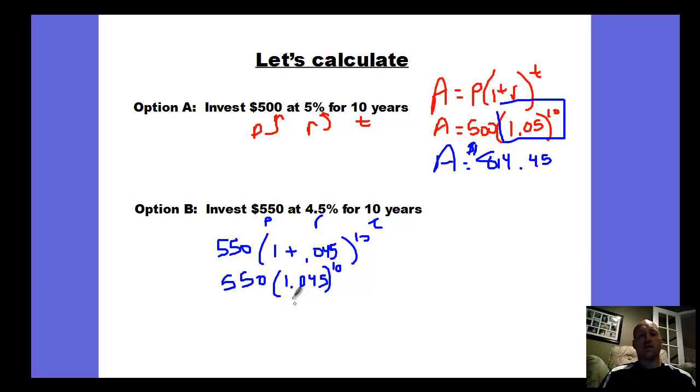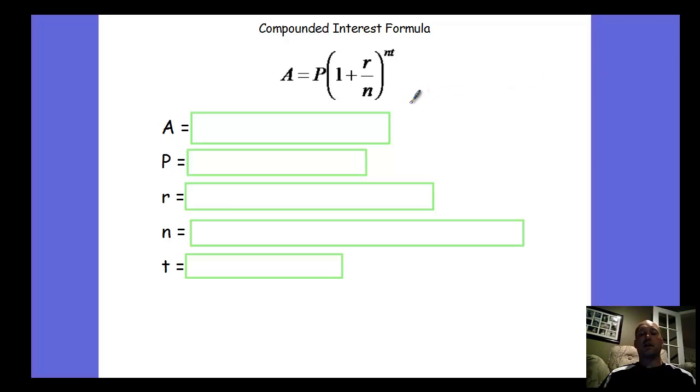We have to deal with this power first. We've got to do the power. So for this one, we get a little bit more: 854.13.